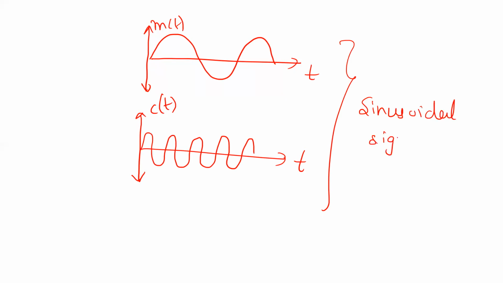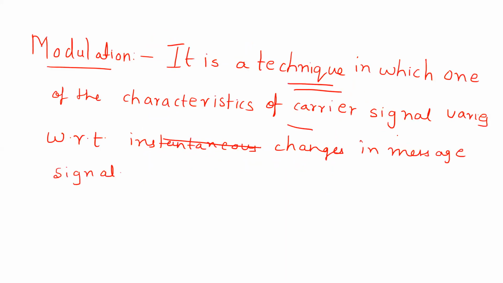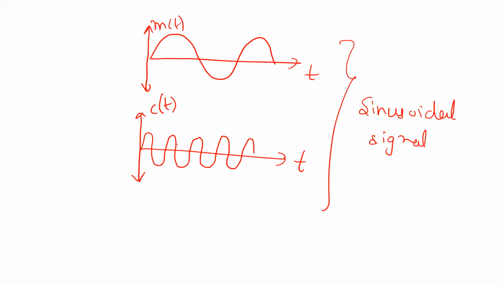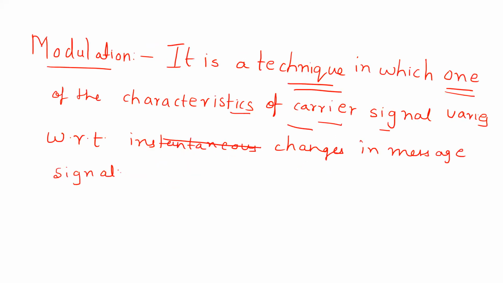So what does it say? It is a technique in which one of the characteristics of the carrier signal varies with respect to the instantaneous changes in the message signal.